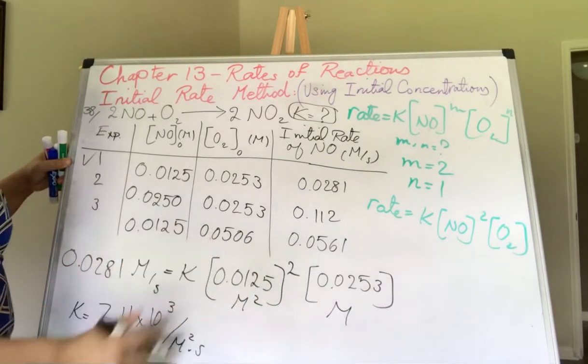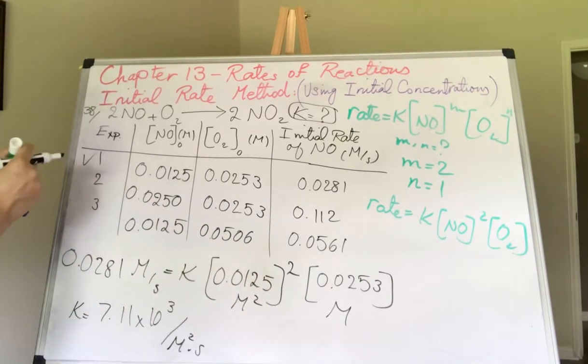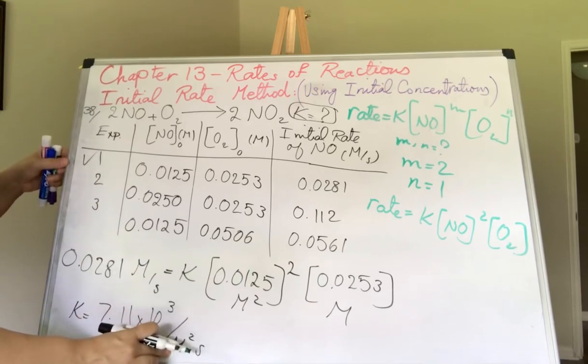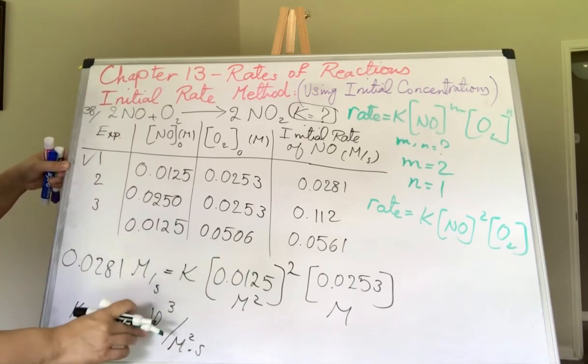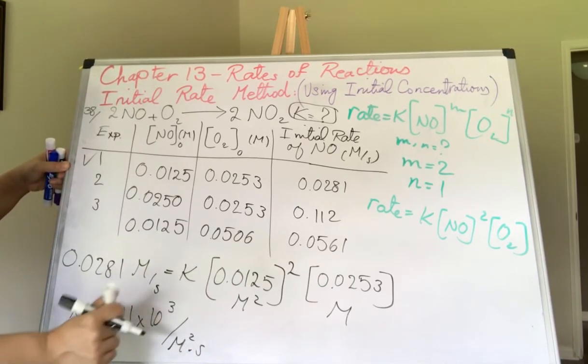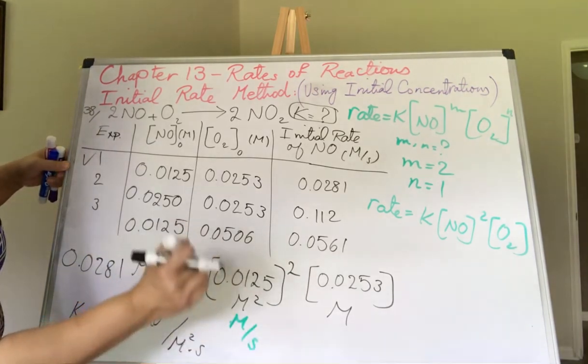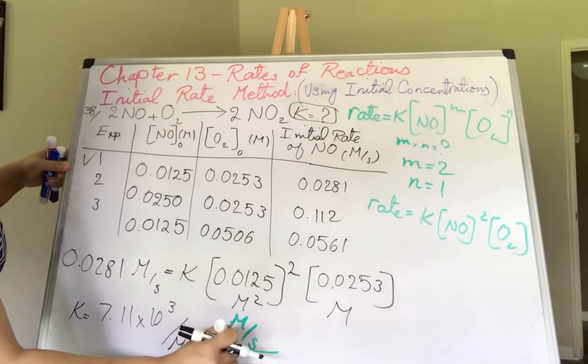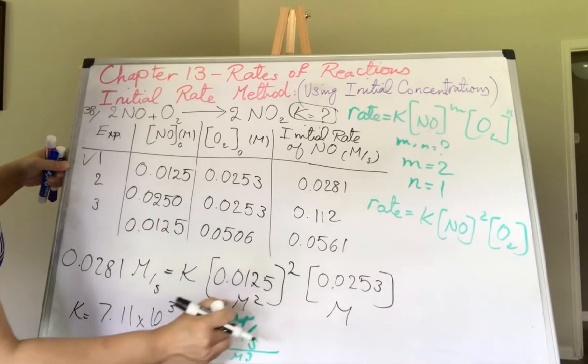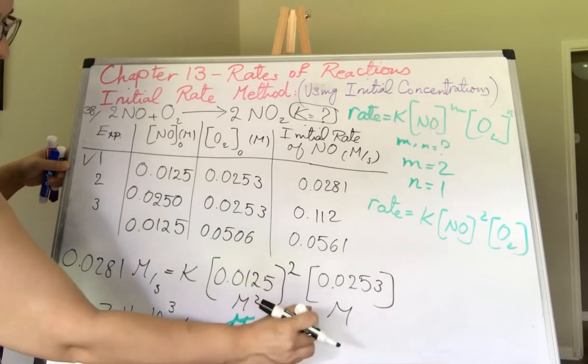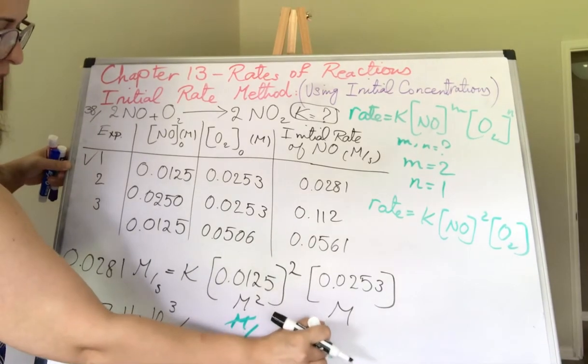So in order to find the correct unit for K, you have molar per second divided by molar cube. So you have per molar square second.